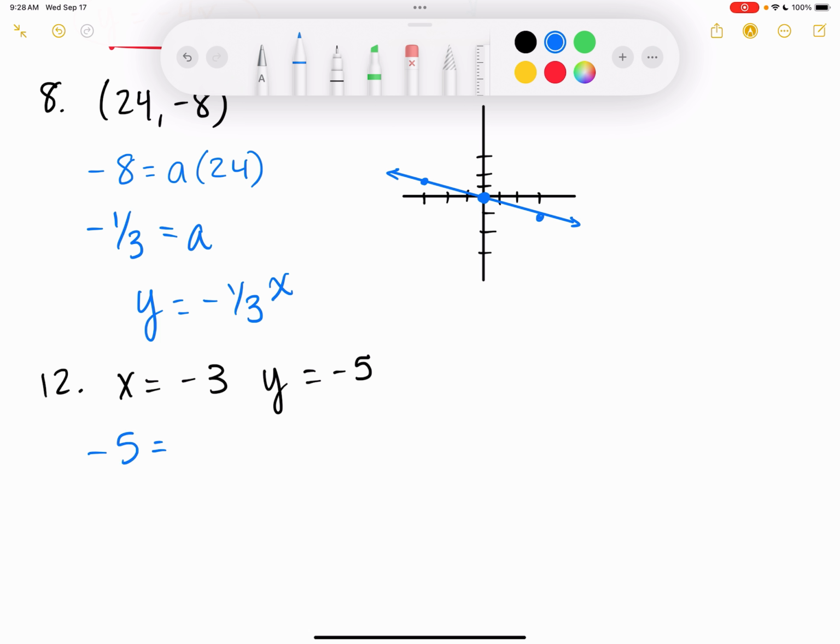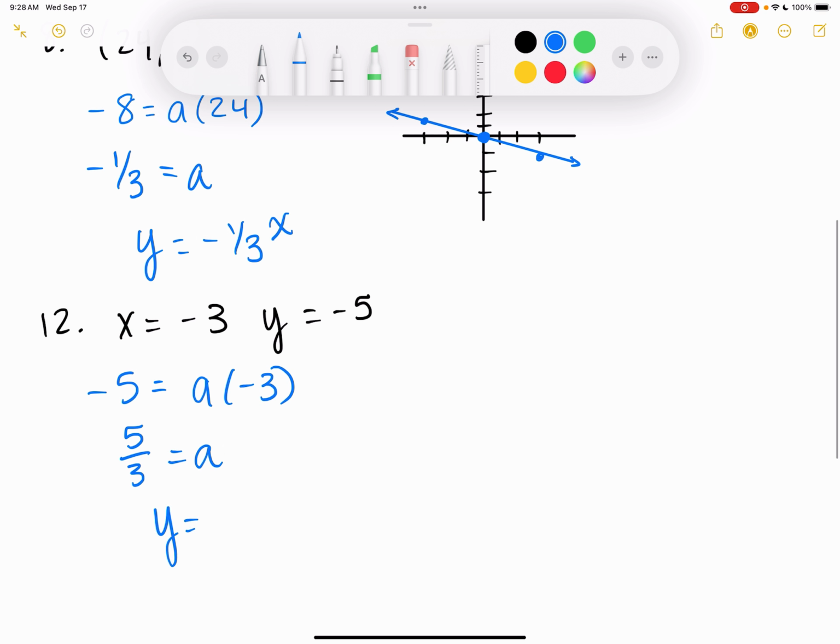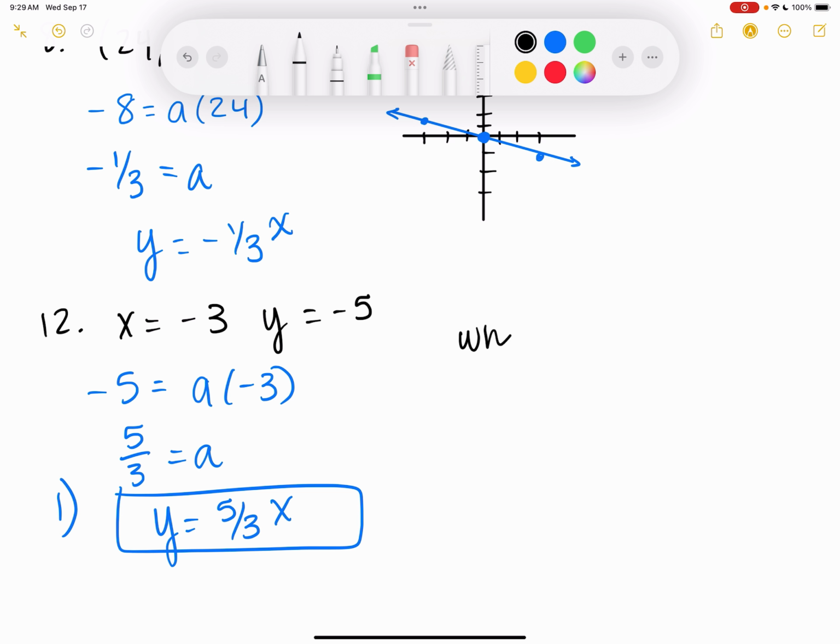And these ones we are not graphing. You're only graphing the first ones. So we divide by -3, so 5/3 is equal to a. So my equation is y equals 5/3 x. That's part 1 of what they're asking me for. Part 2 is when x equals 12, we're going to solve.